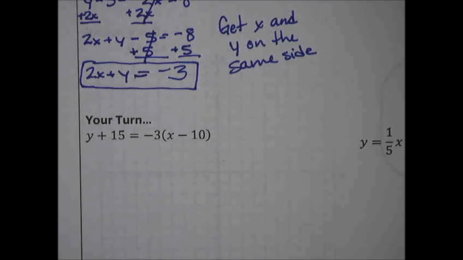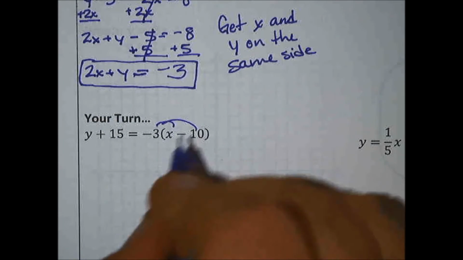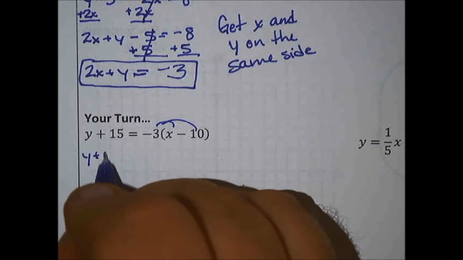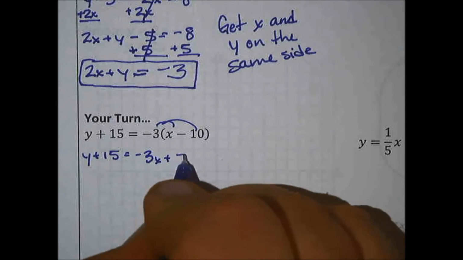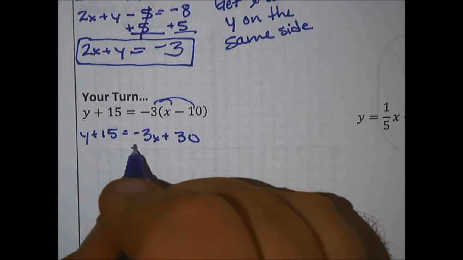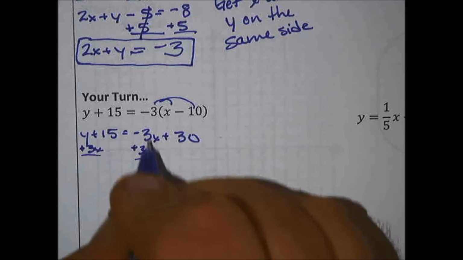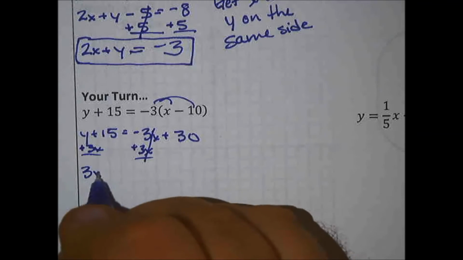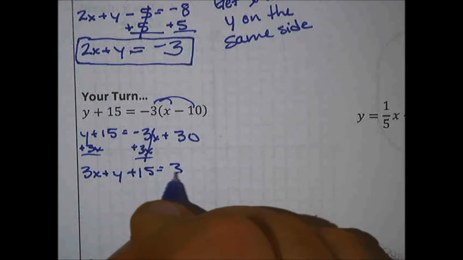All right, welcome back. And let's go ahead and see how you did. So I'm going to start off, I'll distribute y plus 15 equals, let's see, we have negative 3x plus 30. All right, I'm going to add the 3x. Those cancel, so I have 3x plus y plus 15 equals 30.